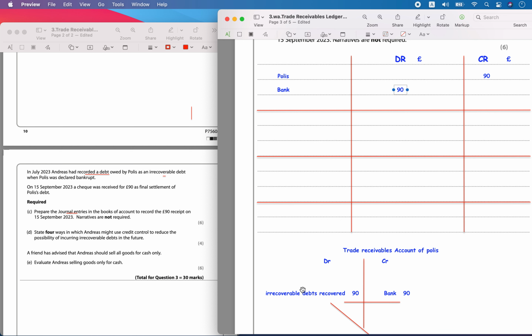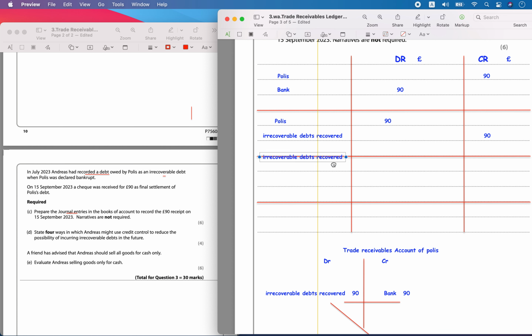Then we can write the journal entry between Polis and irrecoverable debt recovered. In the Polis account and irrecoverable debt recovered account, the double entry will be: you have it on the debit side 90, and you will be transferring it to the irrecoverable debt recovered account 90.